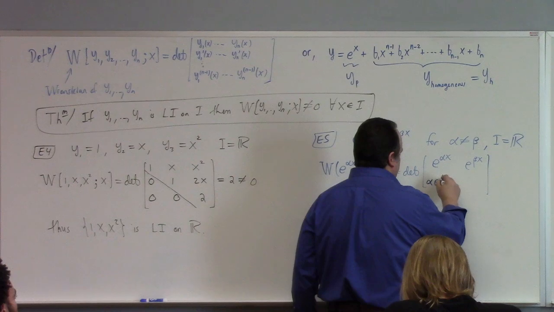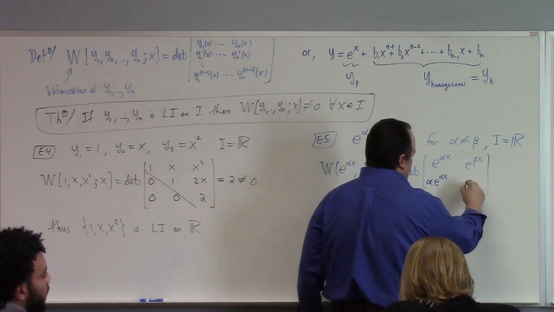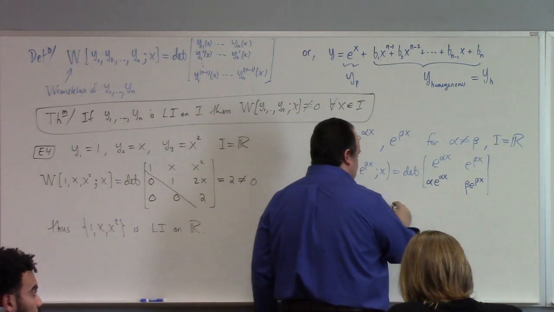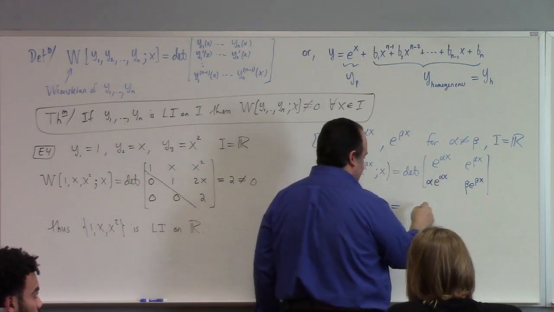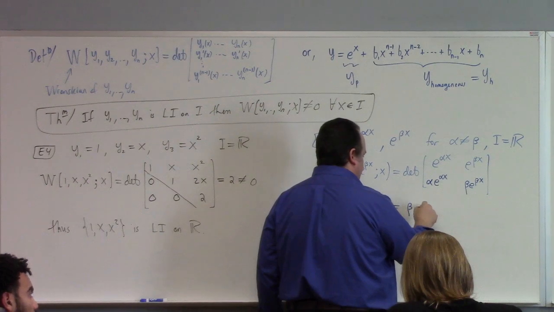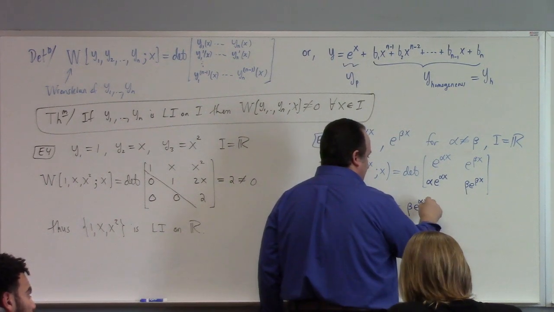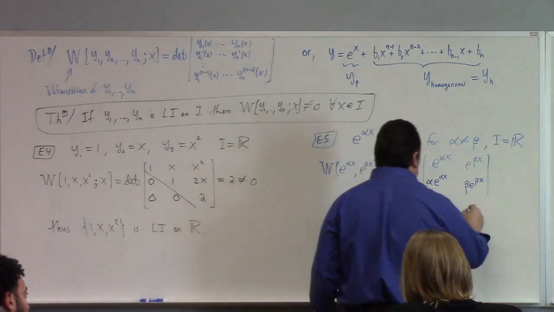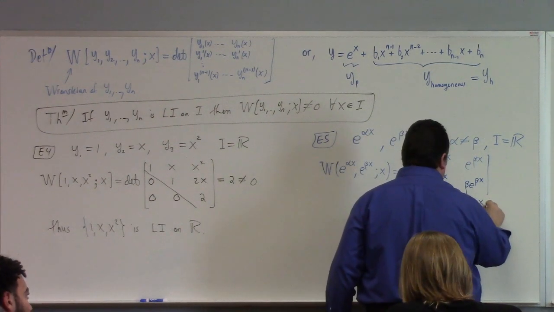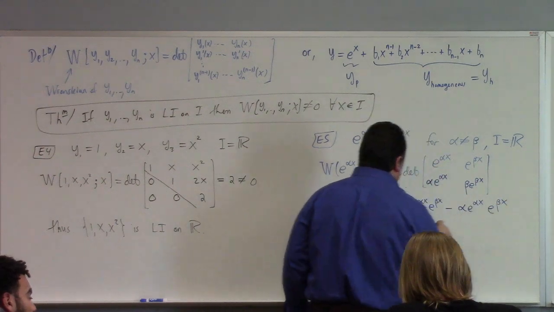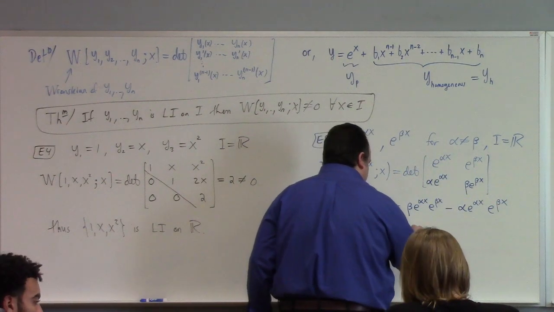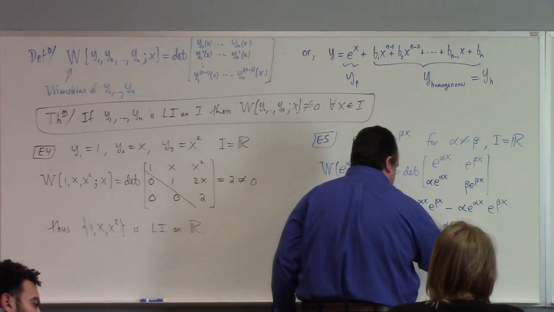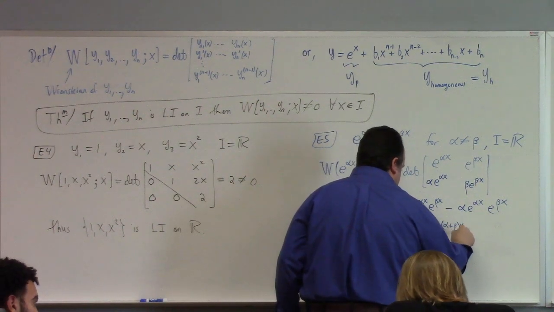So alpha e to the alpha x, and by the same token, beta e to the beta x, right? So the determinant of a 2 by 2, we multiply the diagonals: e to the alpha x, e to the beta x. And then I subtract the off-diagonals product, which is alpha e to the alpha x, e to the beta x. Now we can simplify that. That gives me beta minus alpha times e to the (alpha plus beta) times x.